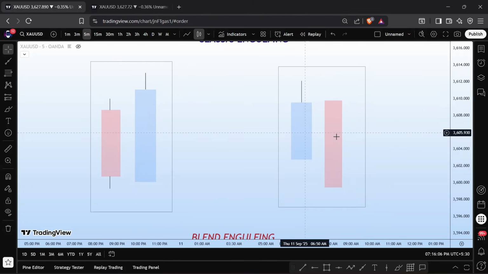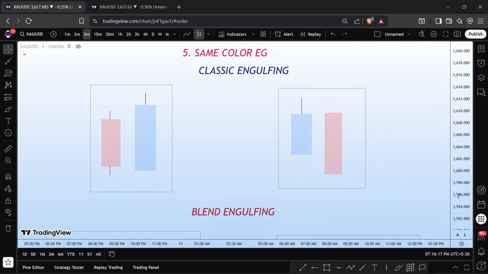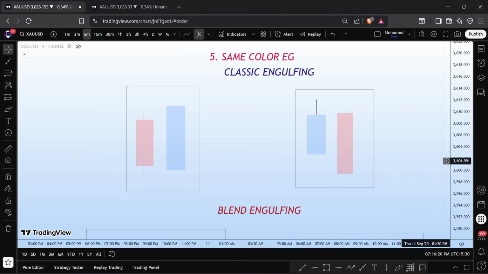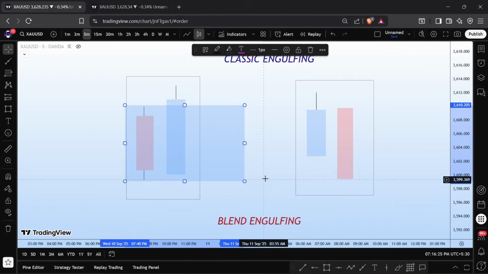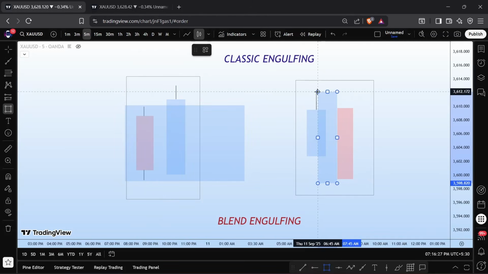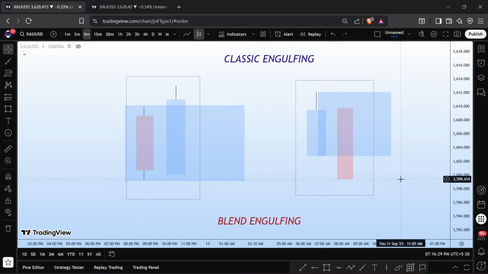Just that, right? For the bearish, all we need is this bullish candle low to be engulfed with the body closer of a bearish candlestick. As simple as that. And then we mark this as the engulfing buy zone and this as the engulfing sell zone.